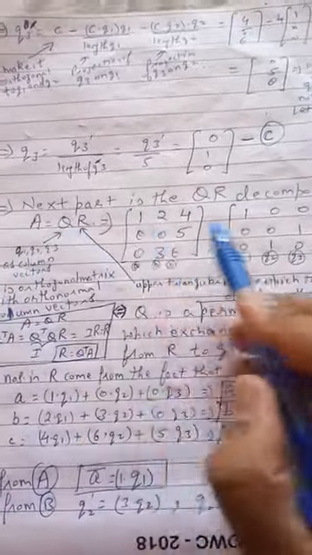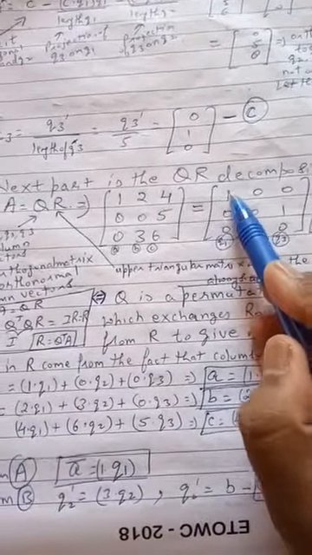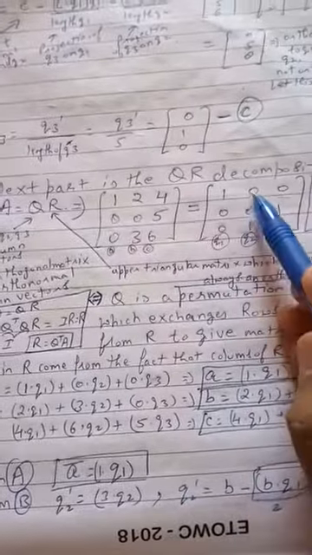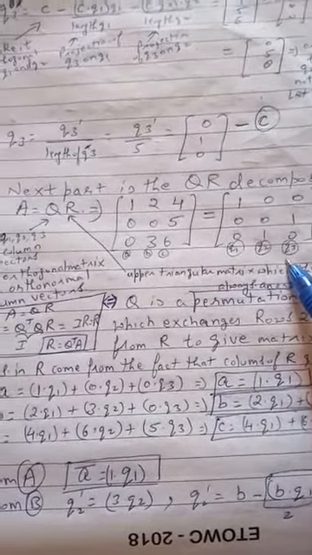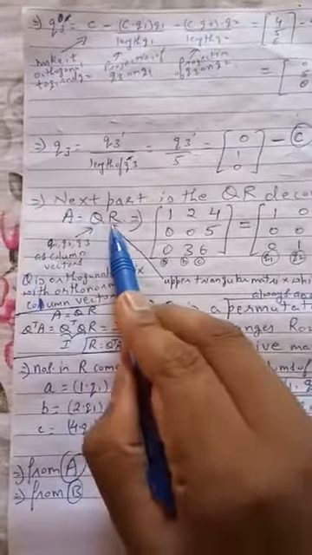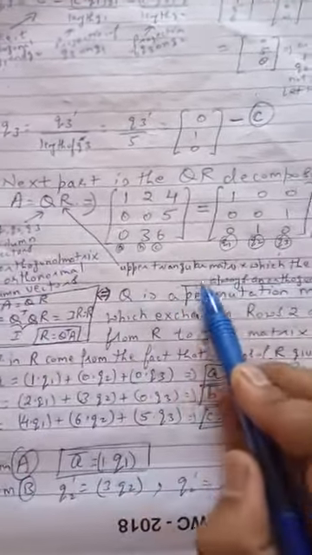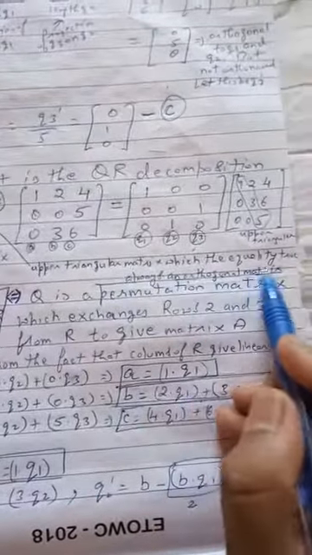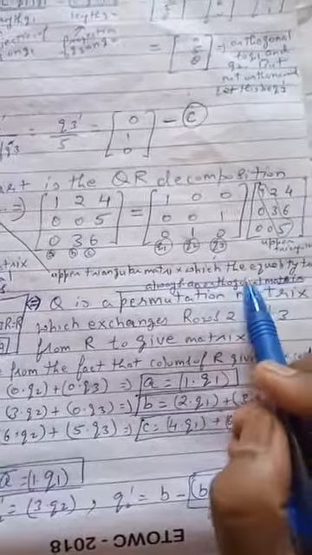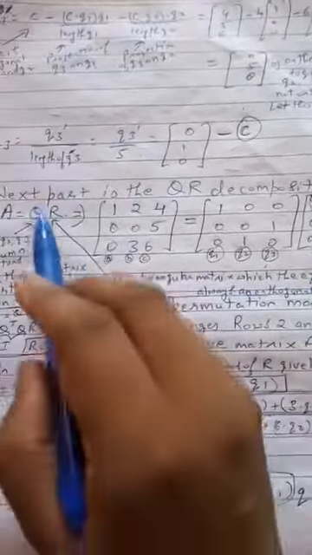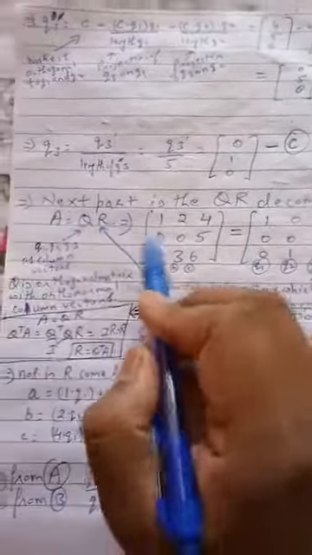Therefore Q will be of the form 1, 0, 0, which is Q1, 0, 0, 1, which is Q2, and 0, 1, 0, which is Q3, multiplied with R, an upper triangular matrix which will make this equality true. We need to find this matrix R because A is already given to us.